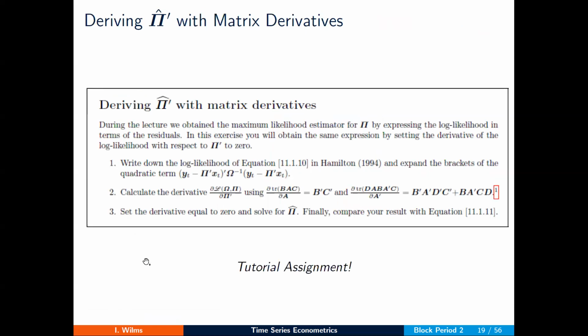Now in the tutorial assignment, you will have a closer look into the derivation of the maximum likelihood estimator by making use of matrix derivatives.